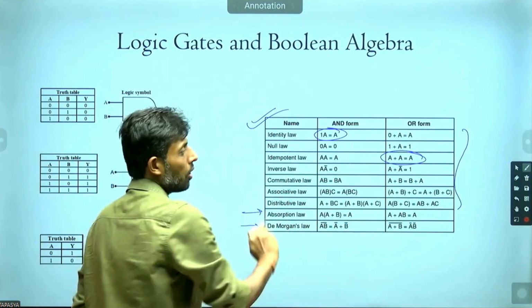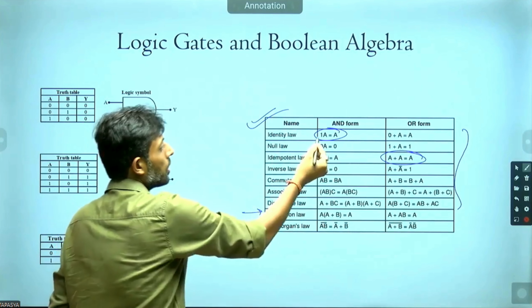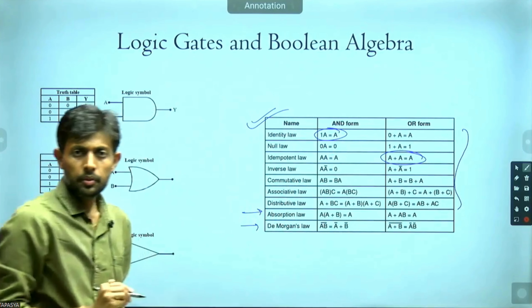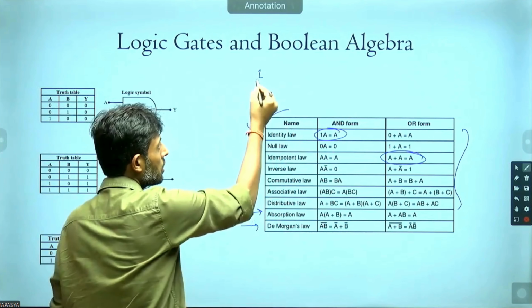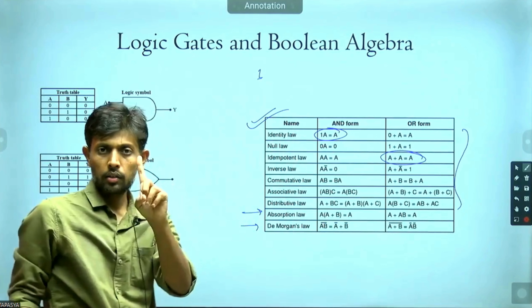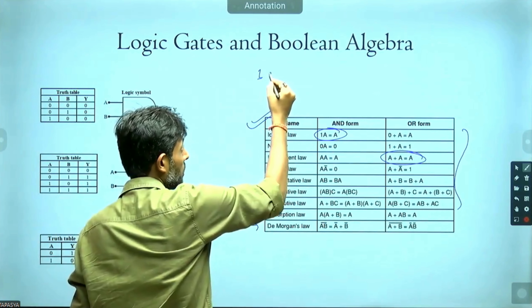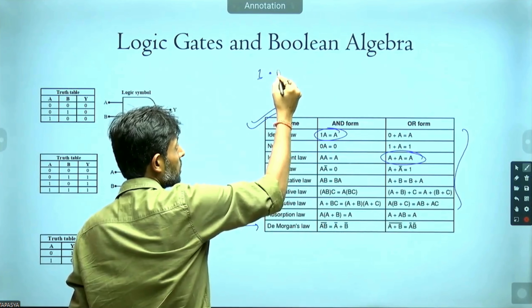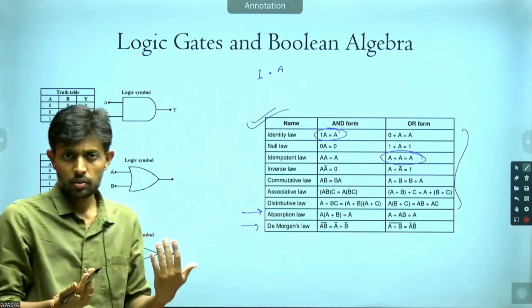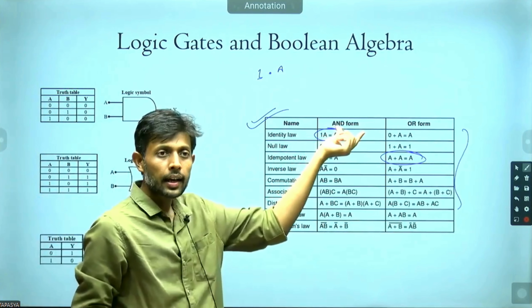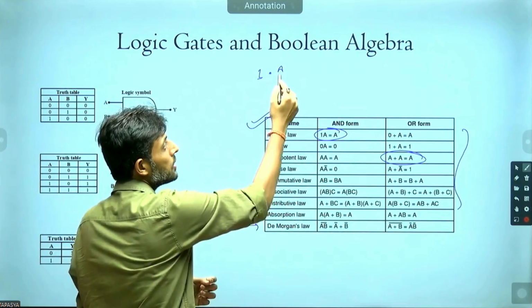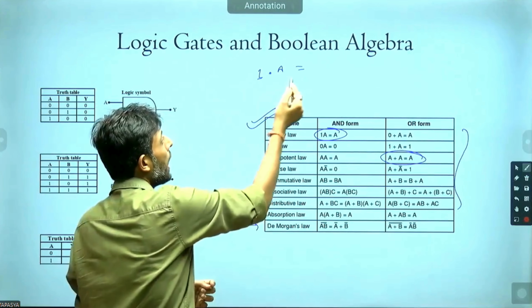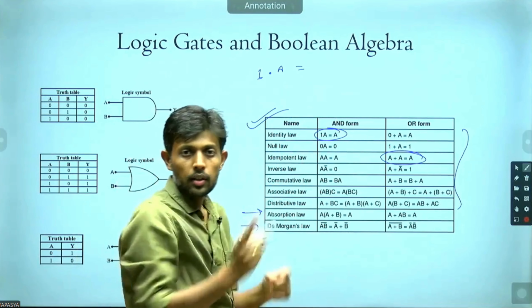So identity law. In the AND form, if you have one switch as always on and the other switch can change, okay? So what would the AND gate give you as the result? 1 and 0 will give you 0. 1 and 1 will give you 1. So what do we see?